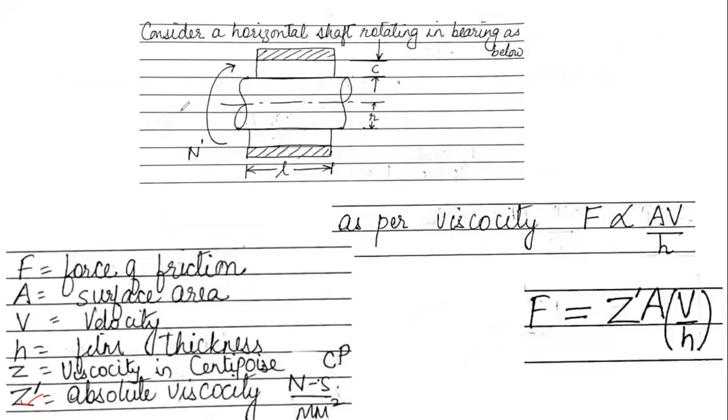C is the clearance, R is the radius of the journal. You can see here, this is the shaft or journal. So R is the radius, right? C is the clearance between the bearing, this is our bearing, and this is our shaft. So clearance between the bearing and the shaft, and N dash is the revolutions per second, RPS.